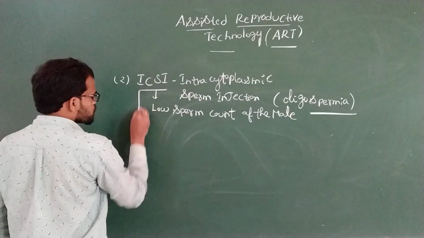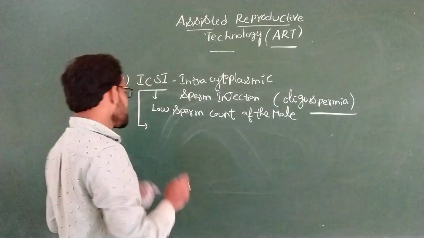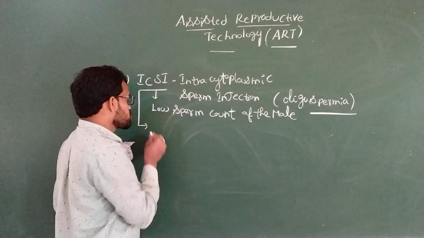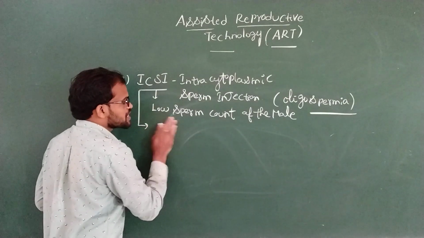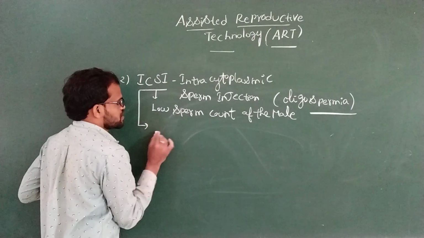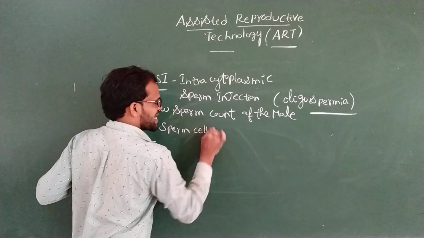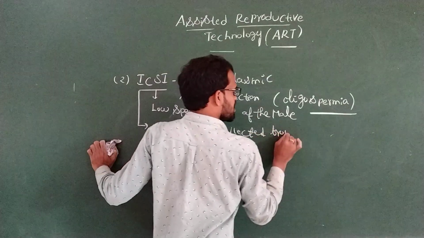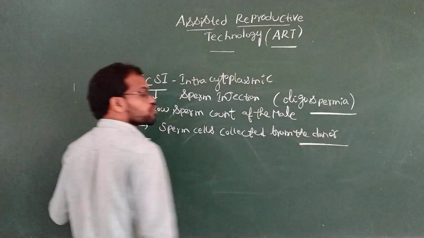Okay, now what is the procedure of ICSI? Whenever there is a low sperm count, a sperm deficiency, the sperm cells are collected from a donor.